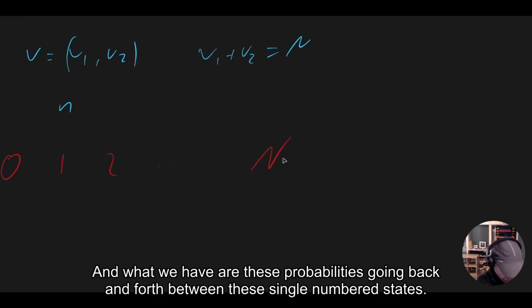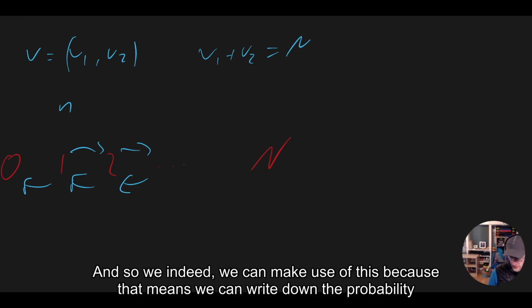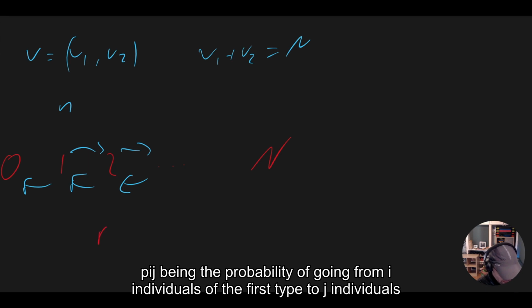And what we have are these probabilities going back and forth between these single numbered states. And so we can make use of this because that means we can write down the probability Pij, being the probability of going from i individuals of the first type to j individuals of the first type.